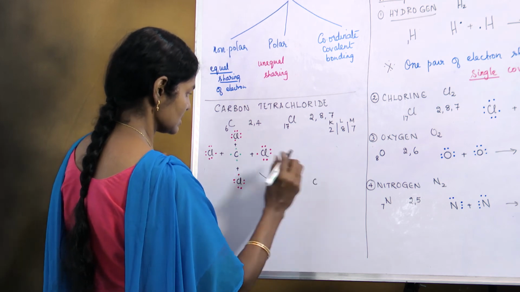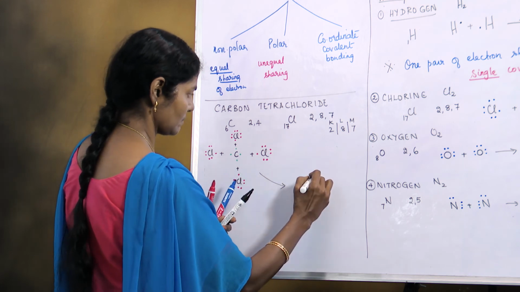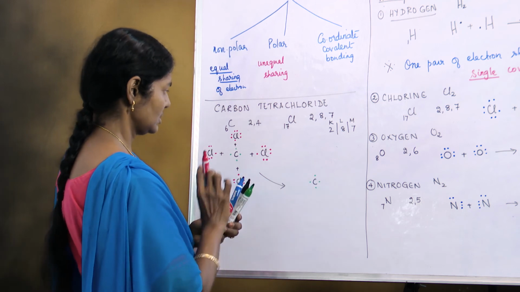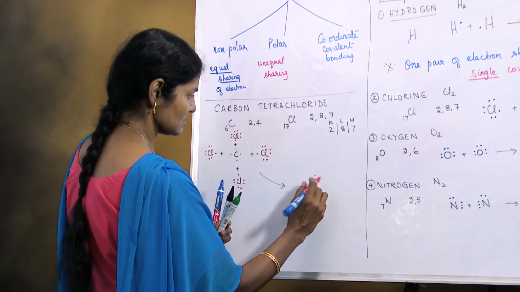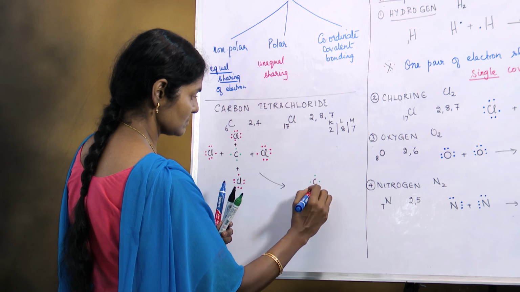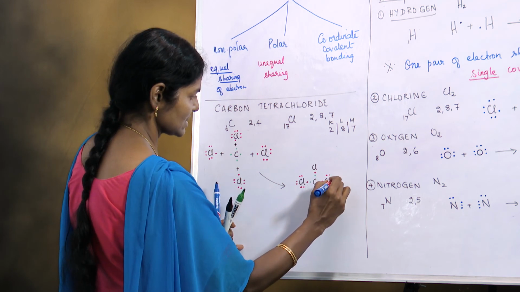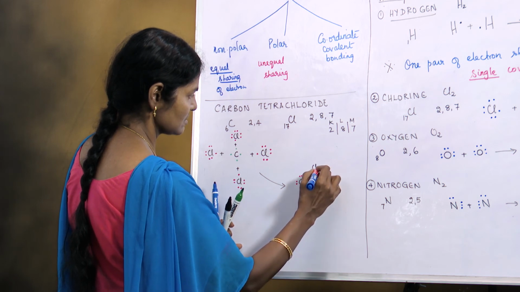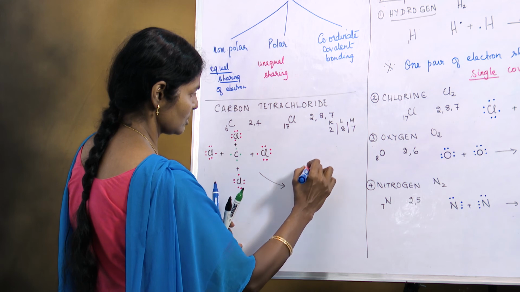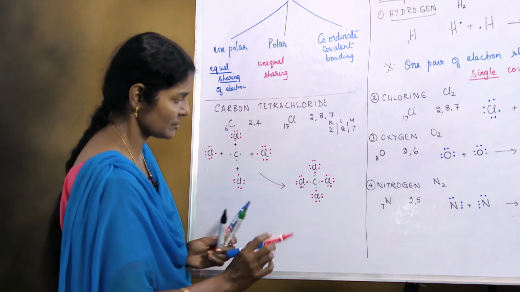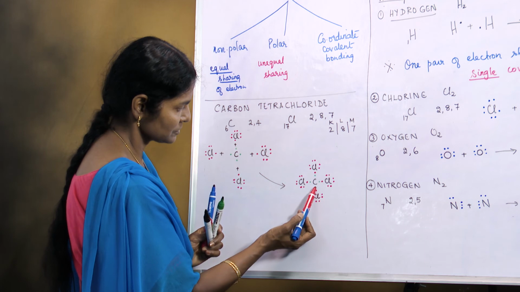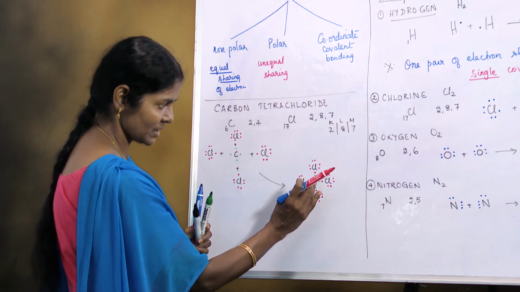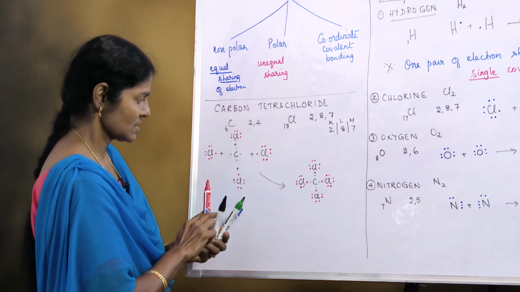Let us do this: carbon here with 4, and this chlorine atom's electron comes here. So it makes up a total of 8 for each of the chlorine atoms and a total of 8 is there for the carbon atom also. See, 1, 2, 3, 4, 5, 6, 7, 8. So there is 8 for each of the carbon atom and the chlorine atoms.